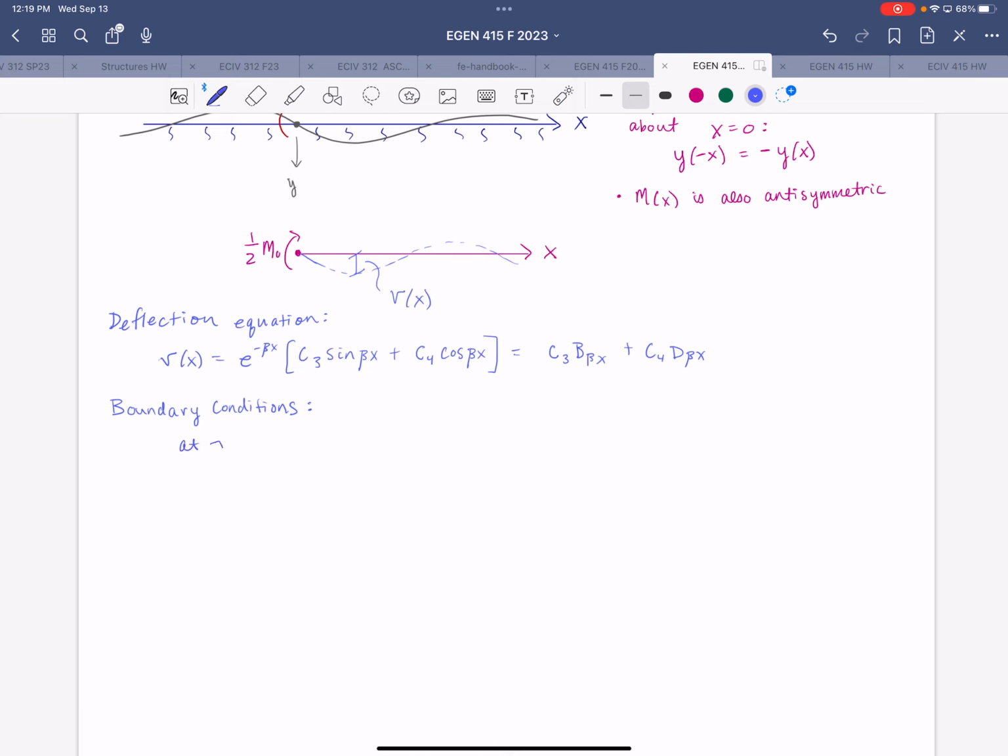So at x equals 0, the deflection will be 0. So plugging that into our expression, that means we have C3 times B of beta times 0 plus C4 times D evaluated at beta times 0.